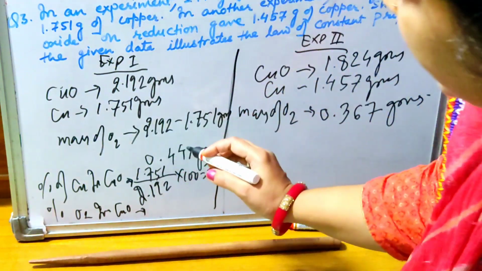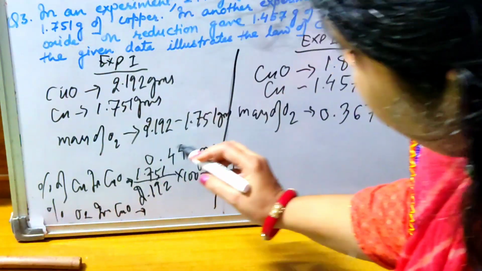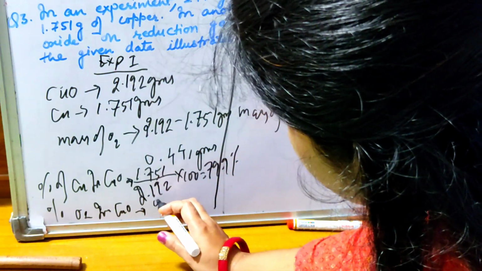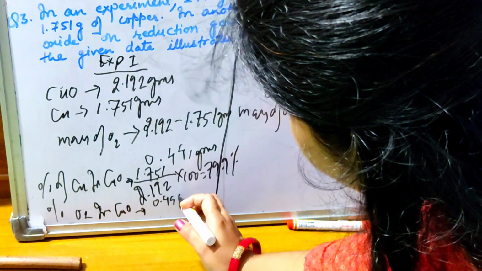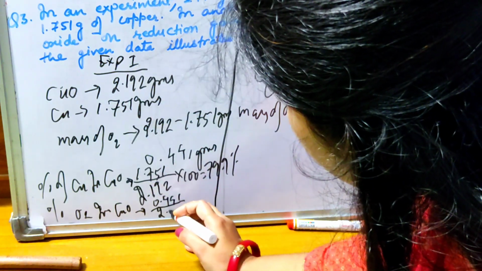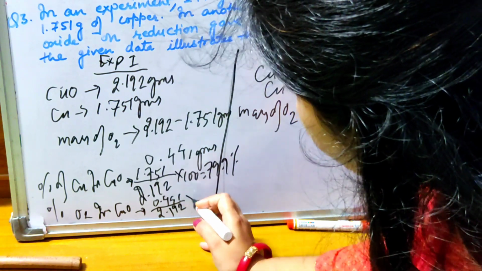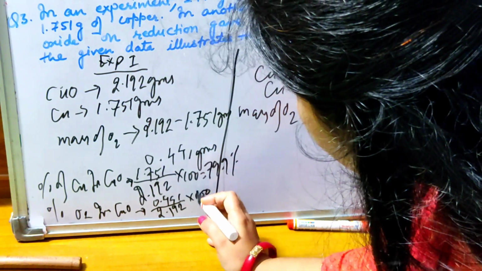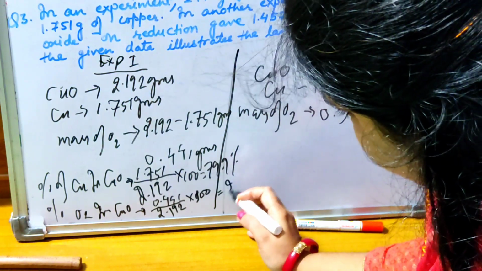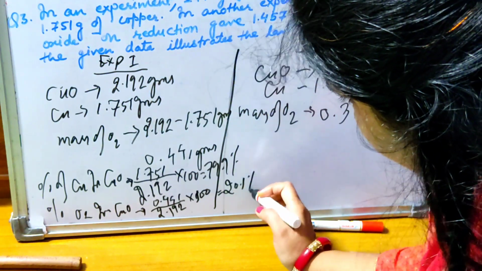It will again be, you can say, divide this value which you have got, mass of oxygen 0.441, divided by mass of copper oxide, how much? 2.192 into 100. When you do this, you will get nearly 20.1%.